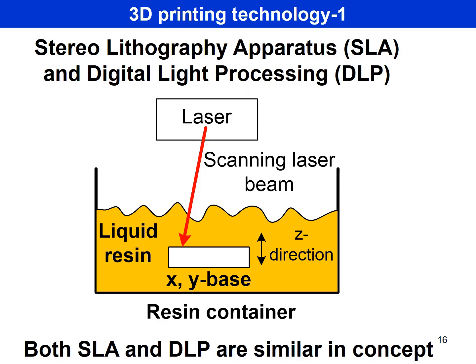This uses the same chips that Texas Instruments developed that we're now using in our projectors, where we have a laser generating a scanning beam, and the scanning beam hits liquid resin. There's an XY base and a Z base right here, and where the laser hits, the liquid resin solidifies.